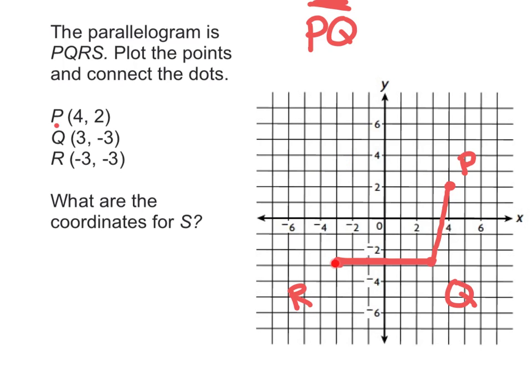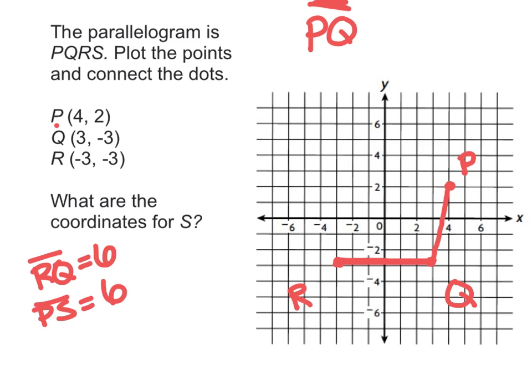So I'm going to count these. Counting the blocks, 1, 2, 3, 4, 5, 6. So the length of line RQ equals 6 units. So the length of P to S will also equal 6.